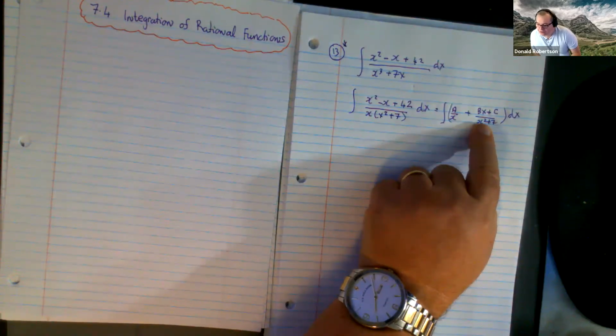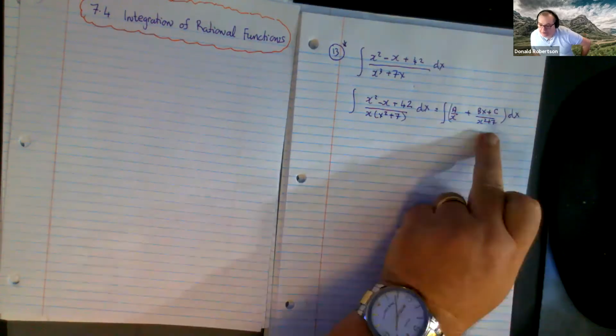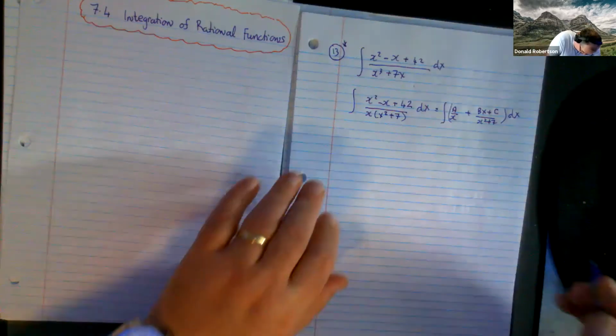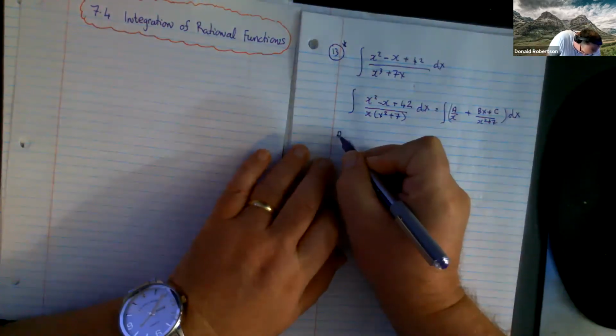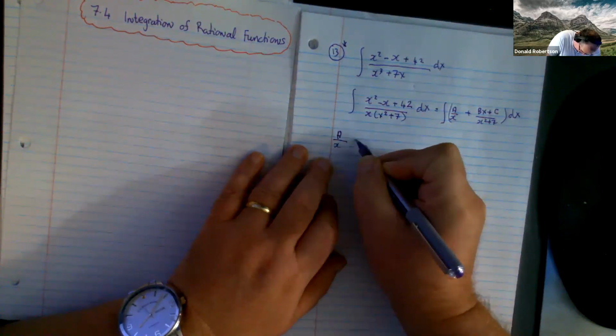Whenever you see a squared term of some kind on the denominator, you have to do what's called the general algebraic method. So I'm going to focus on finding the A, B, and the C.